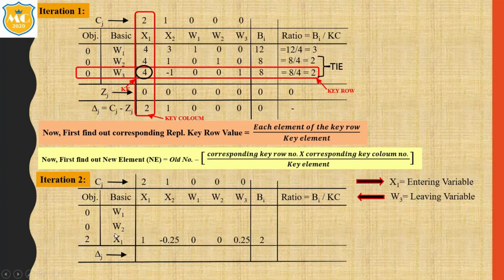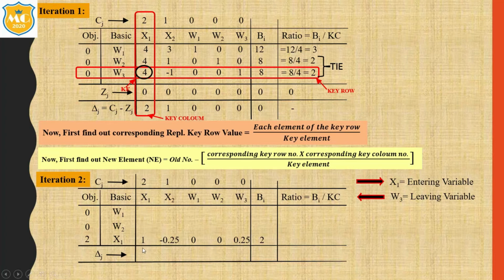So first we have to consider this value. Okay, so here x1 is the entering variable in this case, and w3 is the leaving variable. So in the w3 column, the values are 0, 0, 1 and 0. In iteration 2, it is not required to find out the zz value. Directly you have to find out the delta j value. So the w3 column values 0, 0, 1 and 0, just copy and paste in the key column, that is the x1 column.